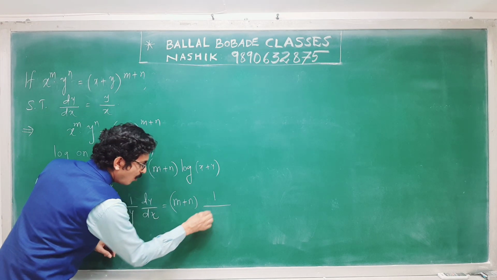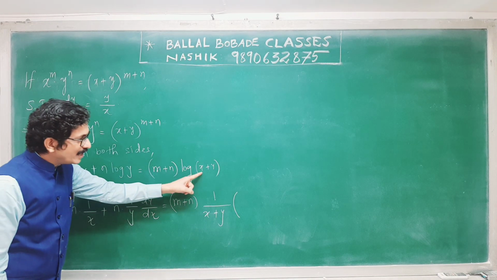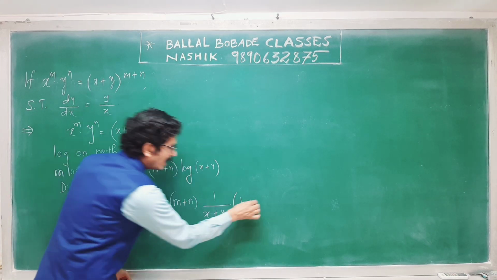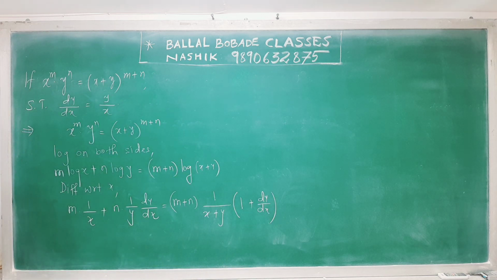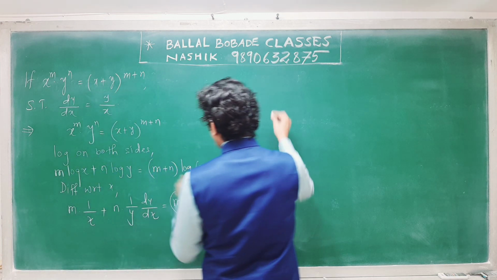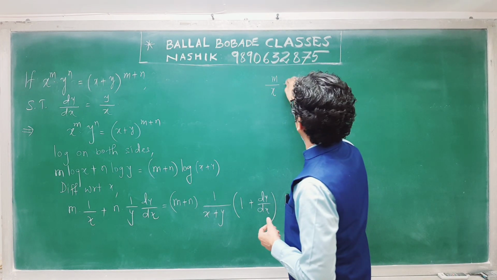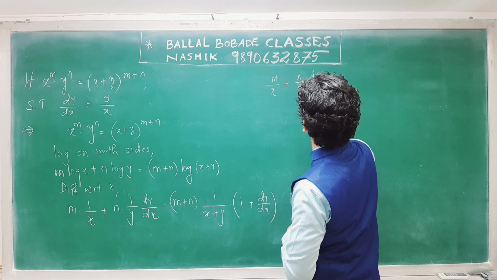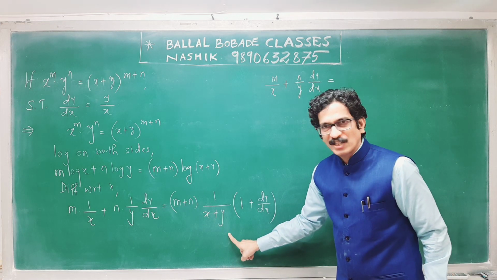It is 1 upon x plus y, but don't forget to multiply by the derivative of x plus y. It is 1 for x and for y it is dy by dx. Isn't it, students? Have a look. Now we will try to simplify the expression. How? You see, it is m upon x. Alright, it is n upon y dy by dx. Alright, it is equal to, have a look, m plus n upon x plus y.